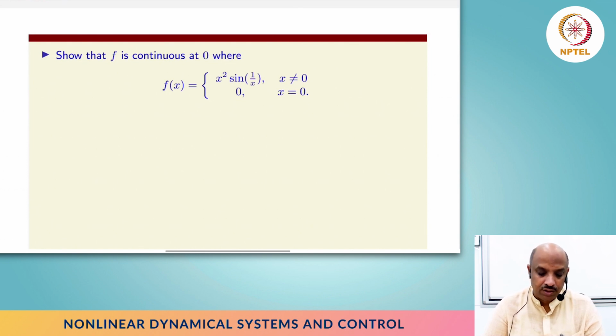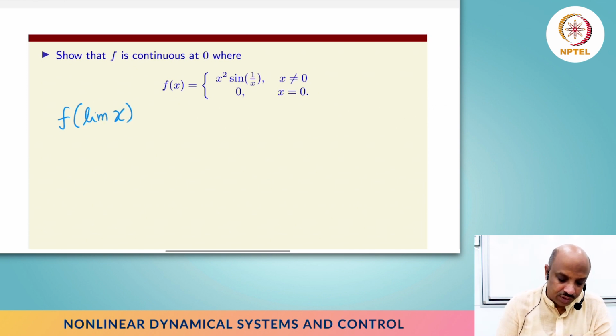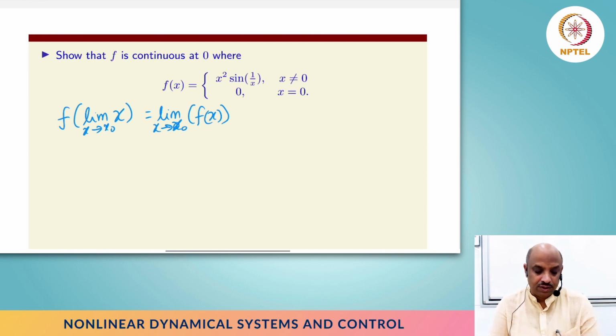One can define continuity so that you can interchange the limit like this: f of limit of x going to x0 of x. And if this is satisfied, then we can conclude that f is continuous at x0.